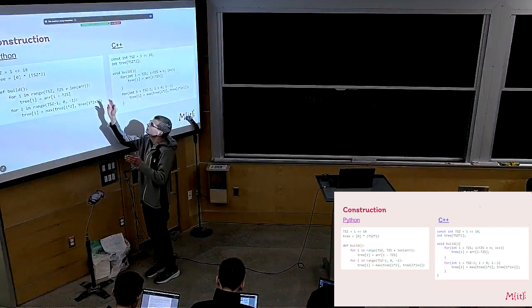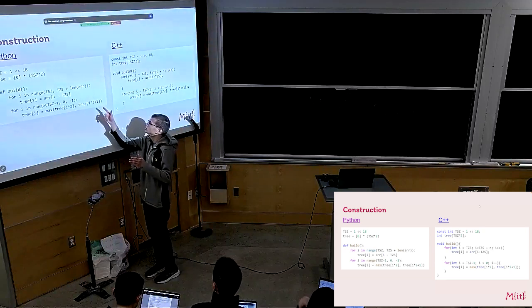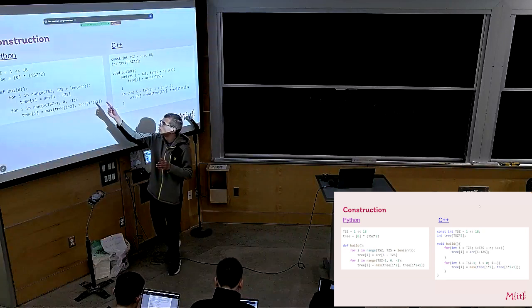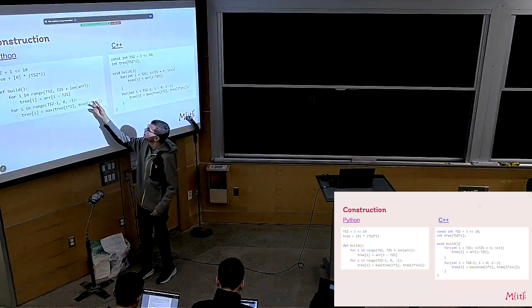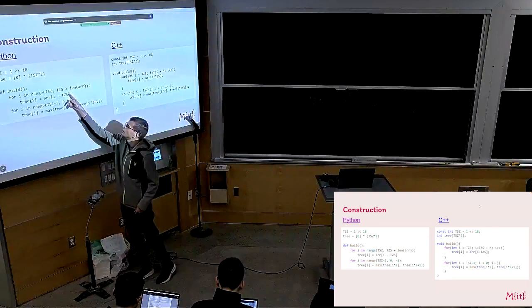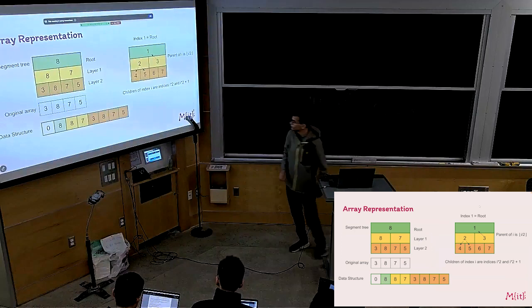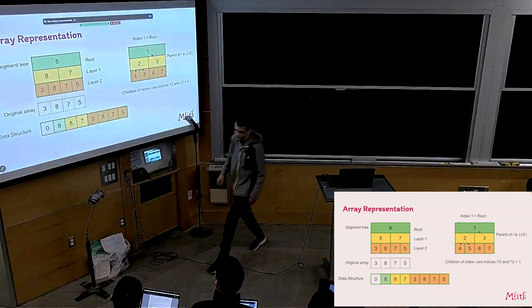The main array in which I will store my segment tree, throughout my implementations, I will just call tree. I initialize that with all zeros. Then for my build function, all I do is copy the array into the last layer of the segment tree.